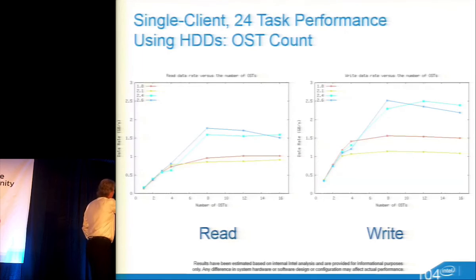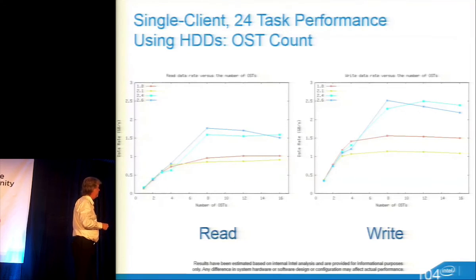So at the 4 OSTs, that's the amount that you're getting from 1 OSS. And then you can go to 2 OSSs, and it again goes just about linearly. And then you can see that the file system's not giving you anything more once you go beyond 2 OSSs. That's as much as the network was willing to give us.